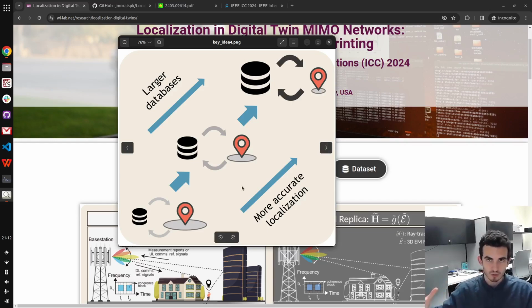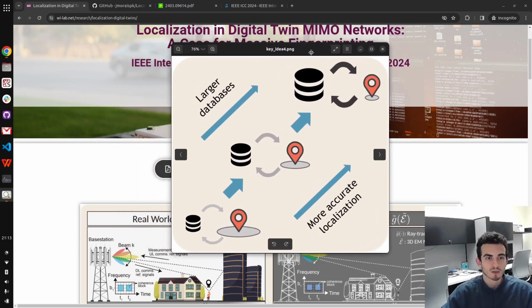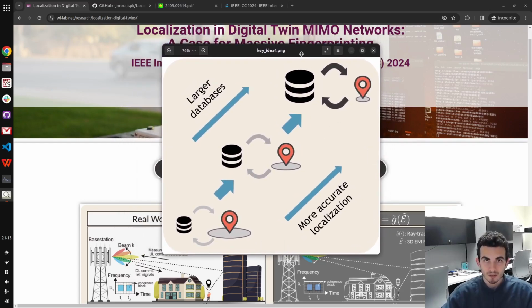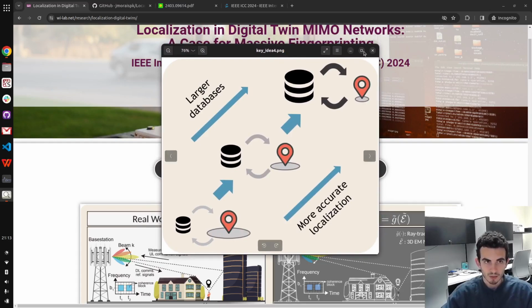Of course, there's noise included. So essentially, the larger the database, the more accurate we can get the localization, because we get a higher bijectiveness between the database and the locations. So this essentially summarizes why we try to increase rather than decrease our database. And this is a fundamental of fingerprinting.